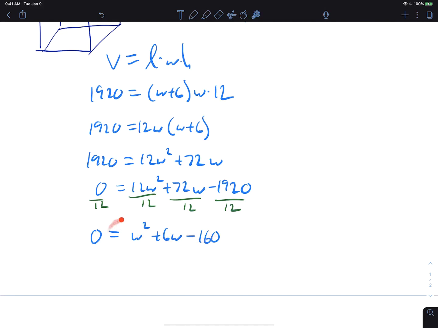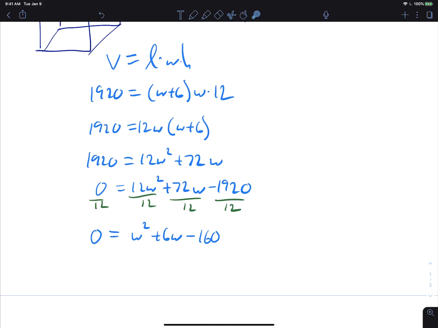And again, we can try to factor this. Ask yourself what multiplies to 160 and has a difference of 6. Well, I know 20 times 8 gives us 160, and that's a difference of 12, so that's not quite right. How about 15? Does 160 go into 15?